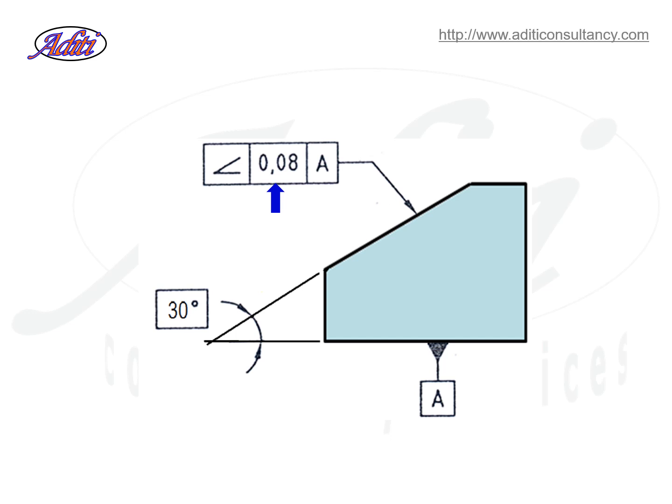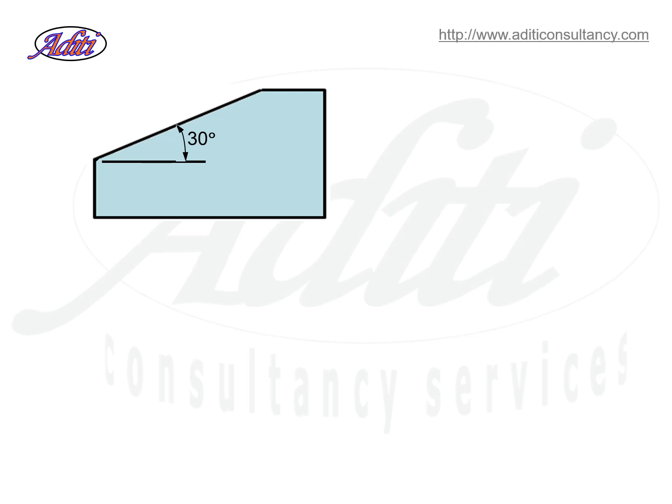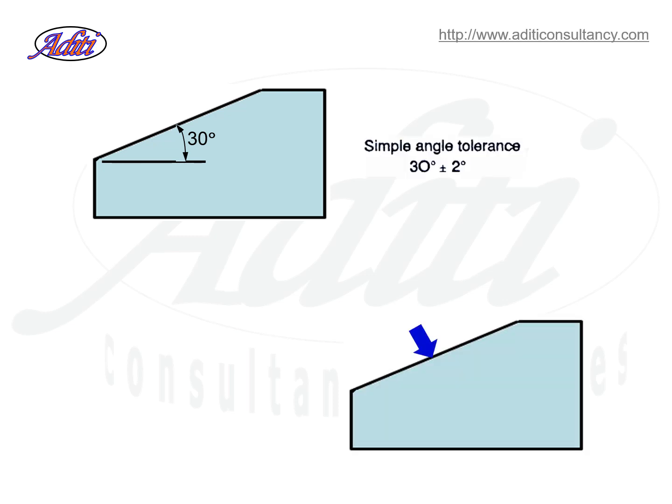Before that, let us see what is the meaning of angle tolerance shown directly in terms of degrees or minutes. When you say this is 30 degree, and this 30 degree can vary by plus or minus 2 degrees. Meaning of this is, this surface supposed to be inclined at 30 degree.